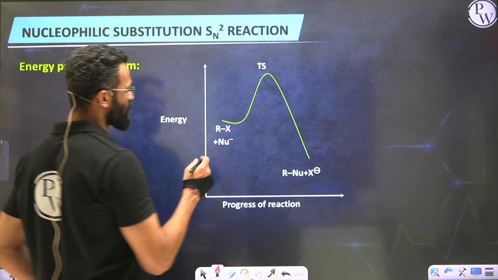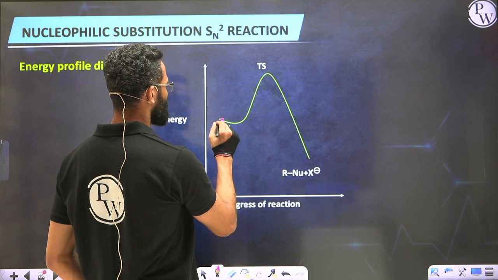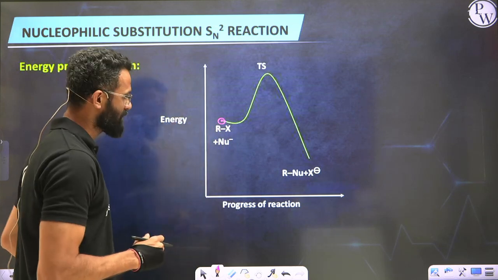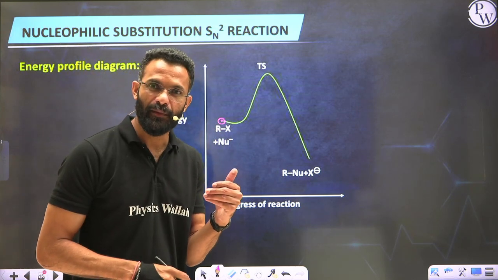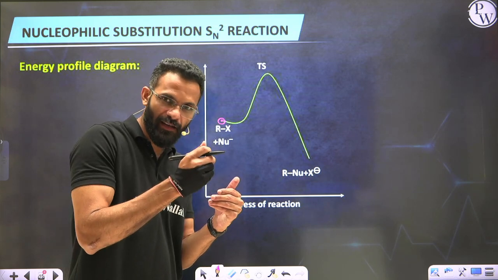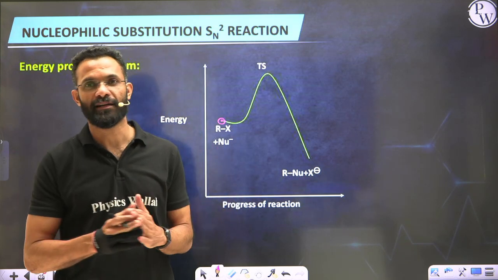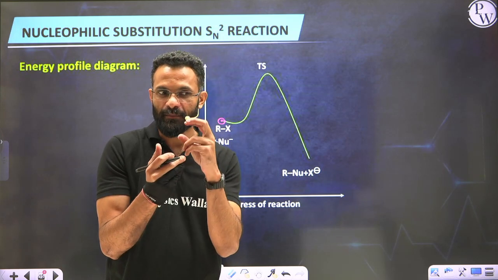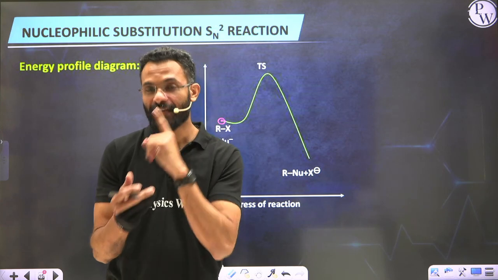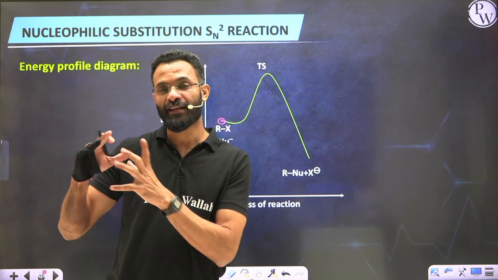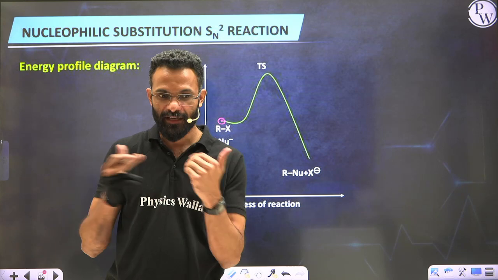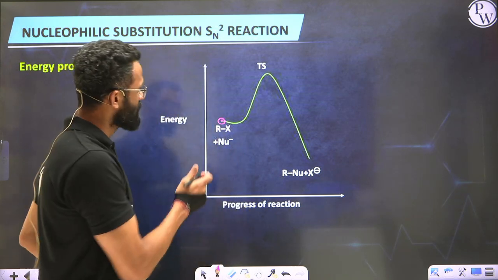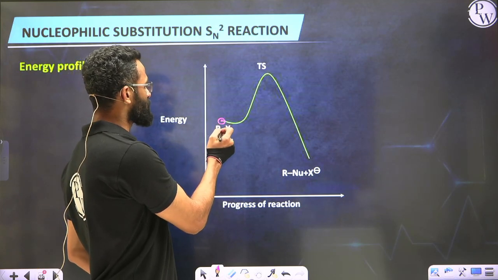If you try to recall the reaction mechanism, we had a starting point corresponding to substrate as well as nucleophile. Because it is a concerted step, attack of nucleophile and departure of leaving group take place simultaneously. For the attack of nucleophile to take place simultaneously, the substrate should be less sterically hindered. Hence, in case of SN1, a sterically hindered substrate was favoring, but in case of SN2, the least sterically hindered substrate will favor. So at the starting point, we have substrate as well as nucleophile.